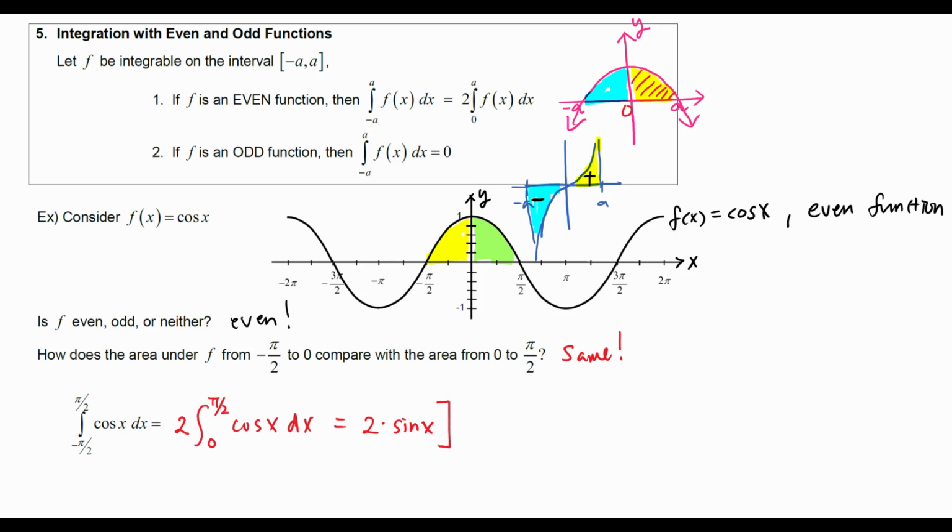And all I have to do is evaluate from 0 to pi over 2. The constant can stay outside of my evaluation. So this is 2 times sine pi over 2 minus sine 0. And sine of pi over 2 is 1, and sine of 0 is 0. So you get 2 times 1, which is 2.